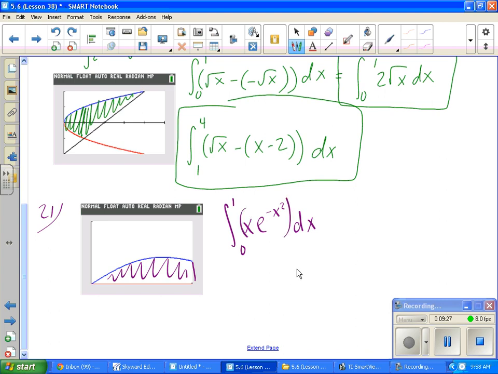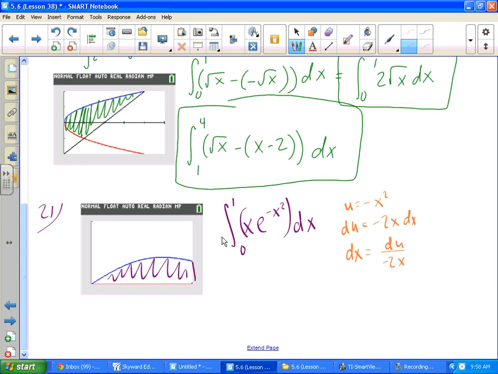Now, some people might have difficulty taking the antiderivative of that. How do we take the antiderivative of something like that? U substitution, what's your u going to be? Negative x squared. So then your du would be the derivative of that, which would be negative 2x to the first dx, right? So then dx is going to be du over negative 2x.